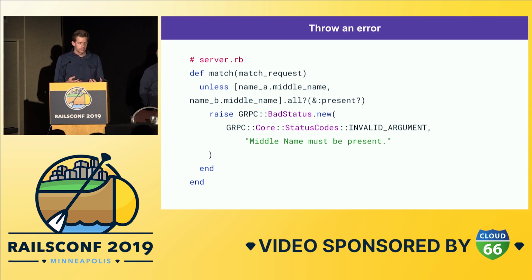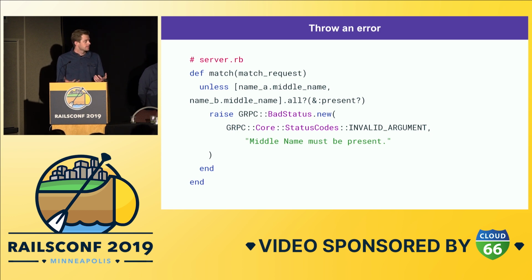You simply raise a new error, gRPC bad status, with that particular status code, in this case invalid argument, which basically indicates that the client has done something wrong with inputs. And then you can send back a string that says middle name must be present. So then your client can start to work with that.